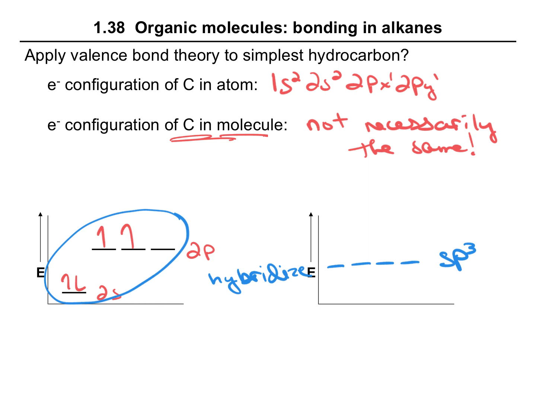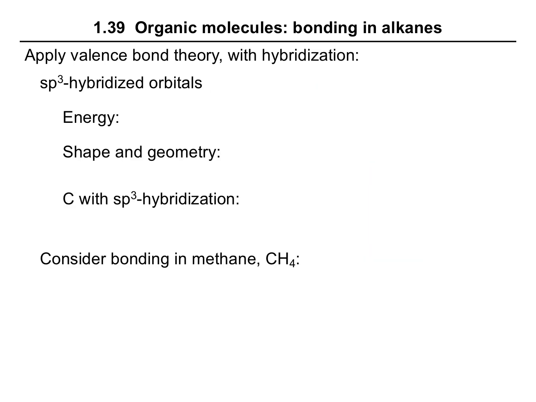Now we have to remember that we have 4 valence electrons. So if we fill in those valence electrons, we have 1, 2, 3, 4. So we have 4 half-filled orbitals, which means we can make 4 bonds. So as we look at bonding in hydrocarbons, we can apply valence bond theory as long as we include hybridization.